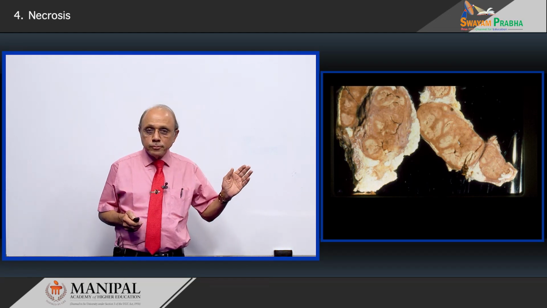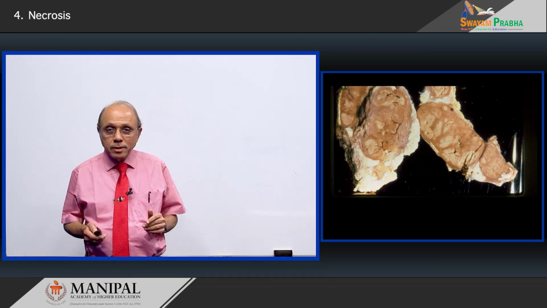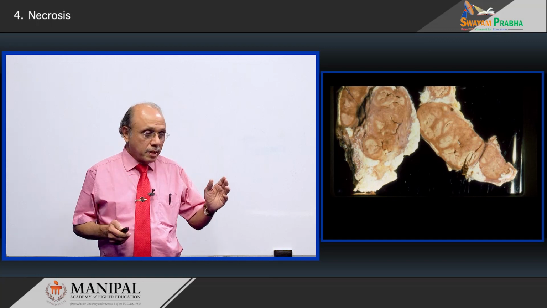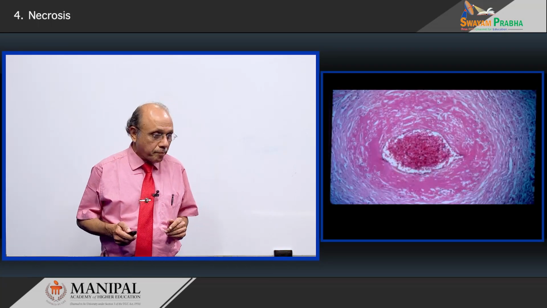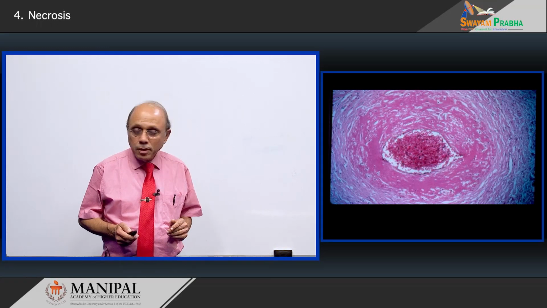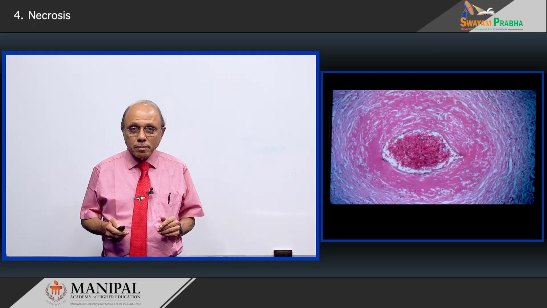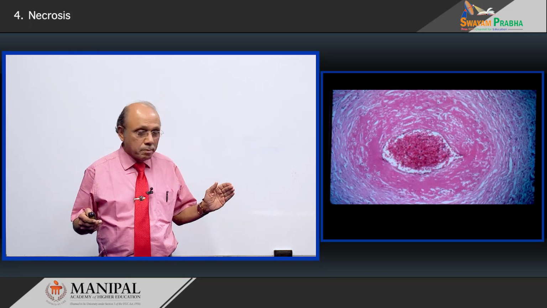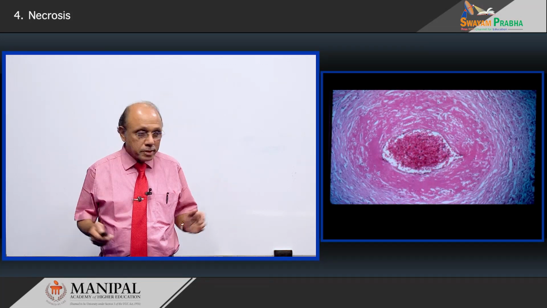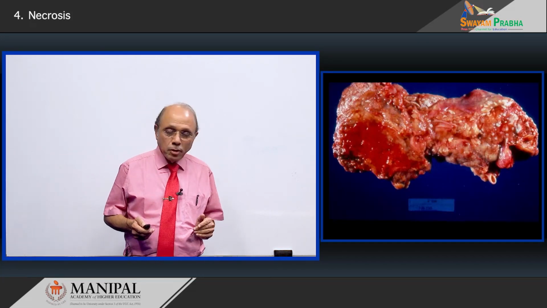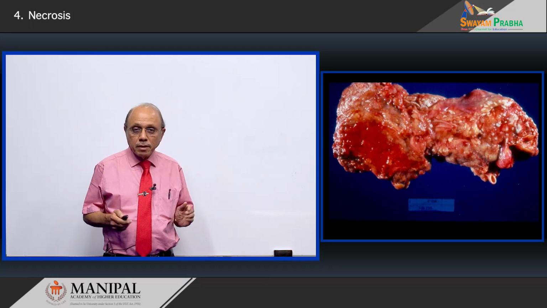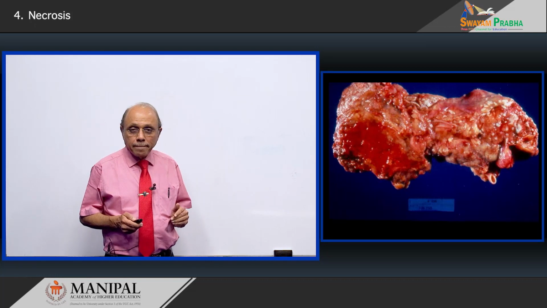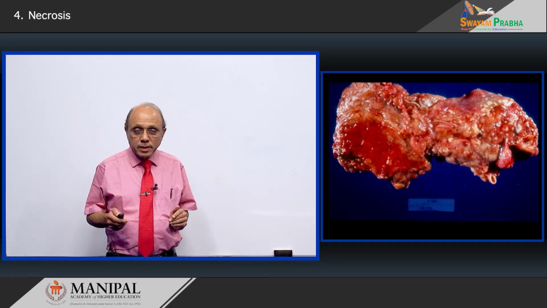Look at these lymph nodes with the yellowish areas in the cut section. Look at this blood vessel with the pinkish material around it. Look at this pancreas, which has been affected by acute pancreatitis.